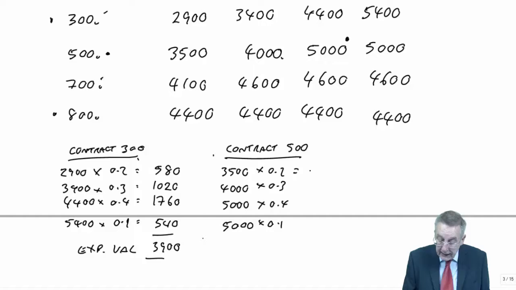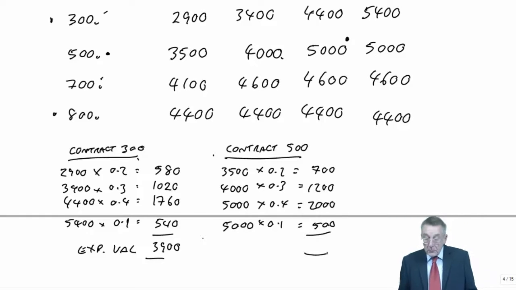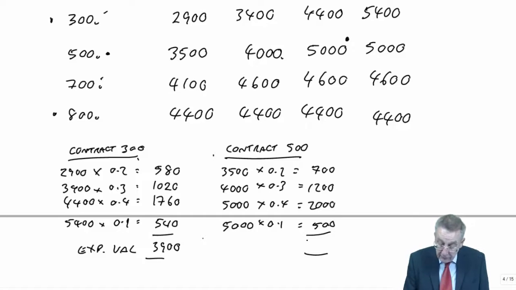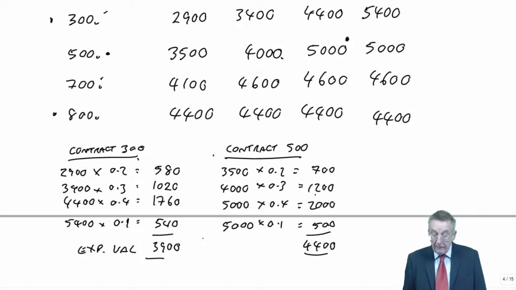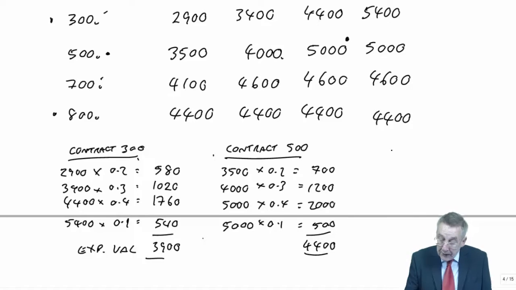Multiply and add, it gives us 700, 1,200, 2,000, 500. The total, 4,400. Yeah. What happens if we contract 700?